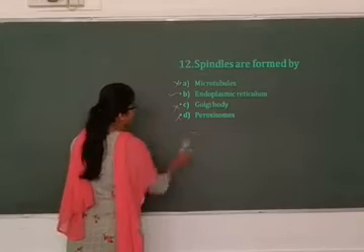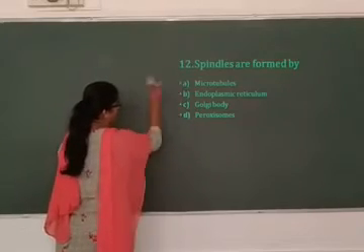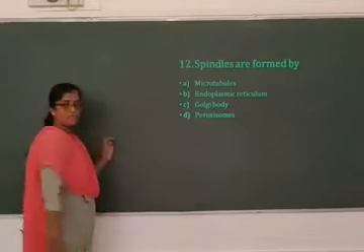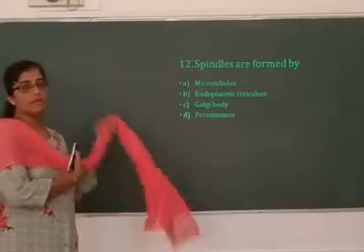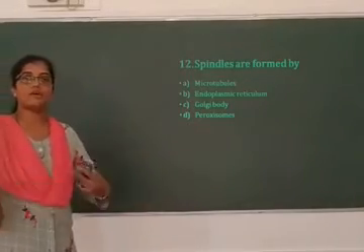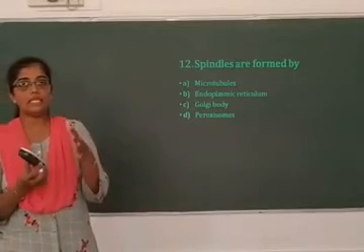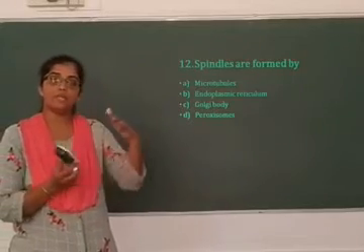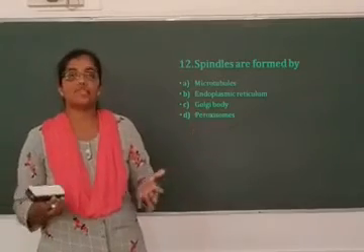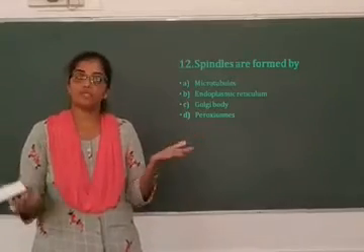Spindle fibers are formed by, the next question. The spindle fibers are the thread-like structures that are formed during cell division and are basically involved in the separation of duplicated genetic material, or the separation of the chromatids.